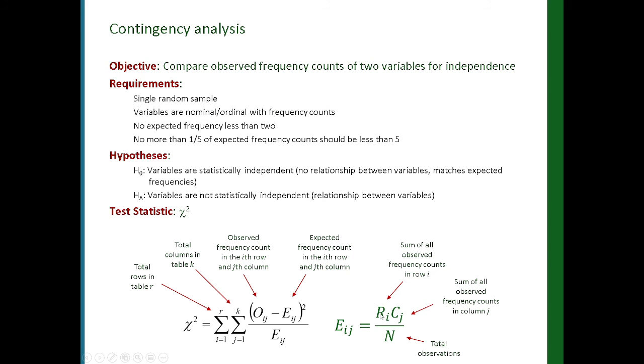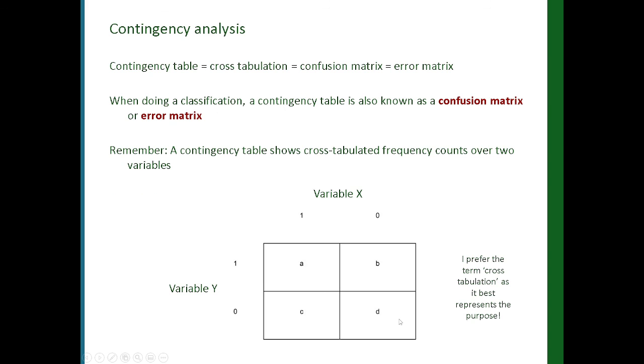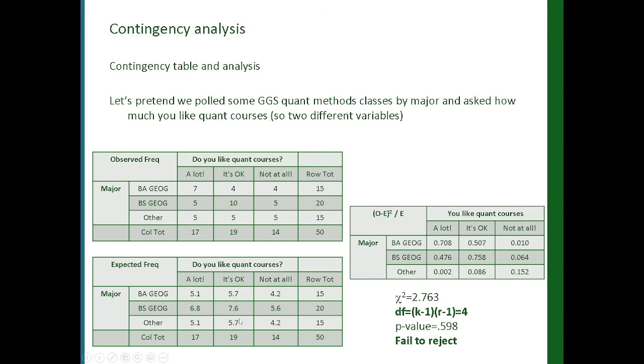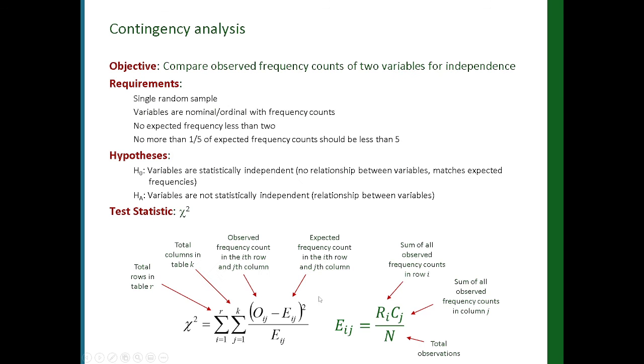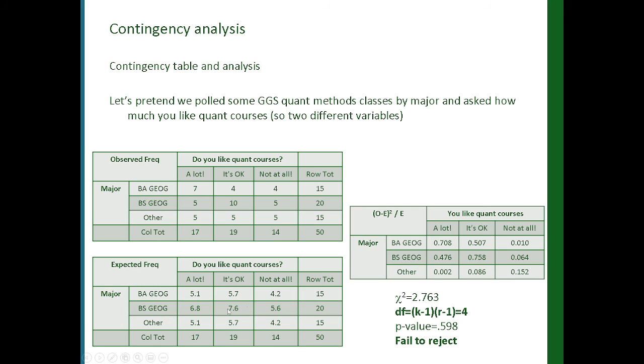So we go the row multiplied by the column: 17 multiplied by 15, divided by n being 50, and you should end up getting this 5.1 expected frequency count. Then you can get those for the rest of the different cells here.